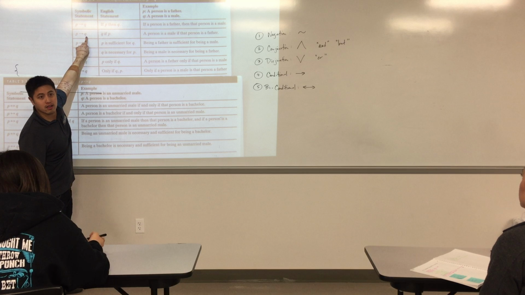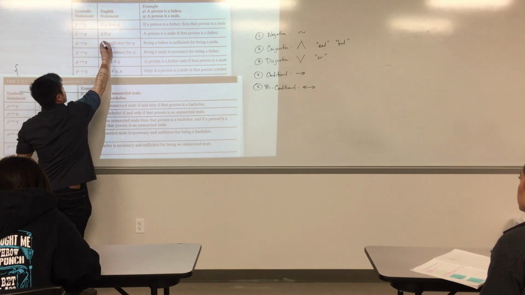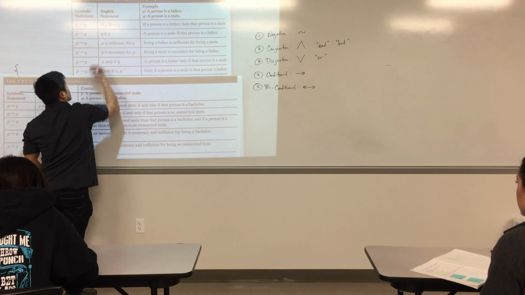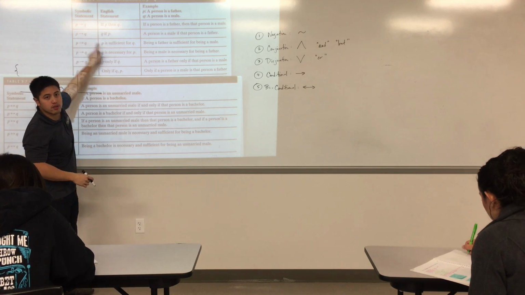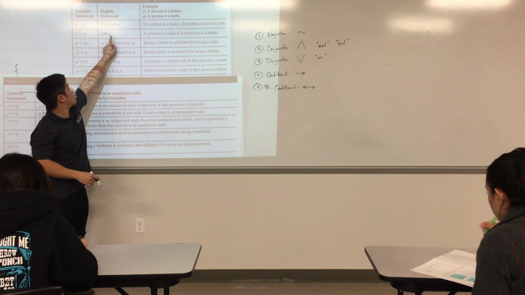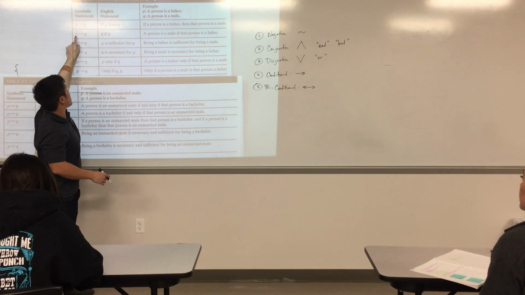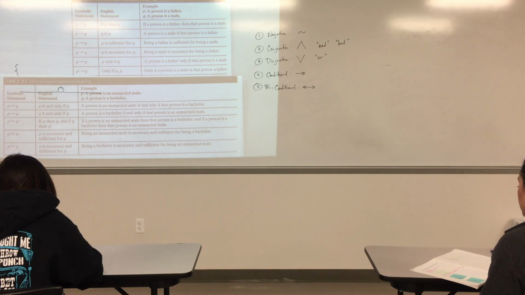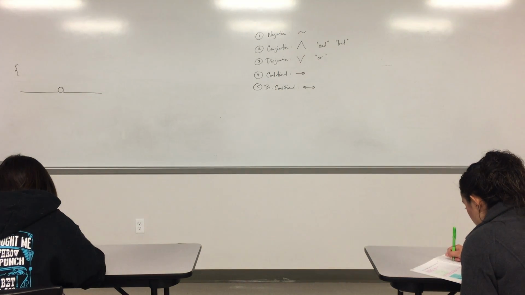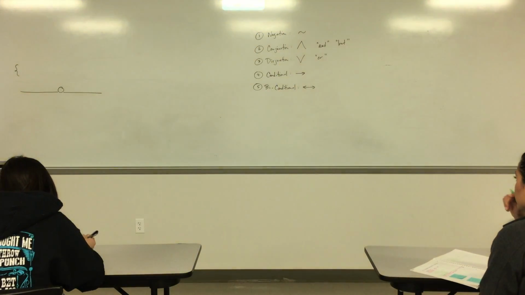It goes in the back. Notice, when it's phrased like this, whatever comes before the if actually goes second. Whatever comes after the if actually goes first. Does that make sense, guys? So, let's come back to our problem here, and let's look at this.